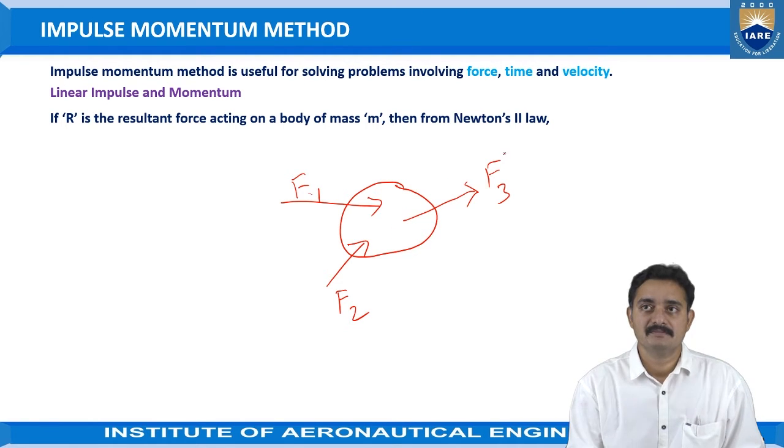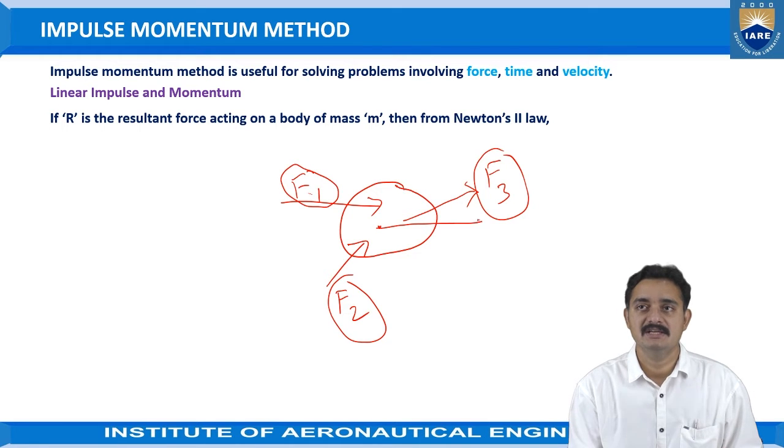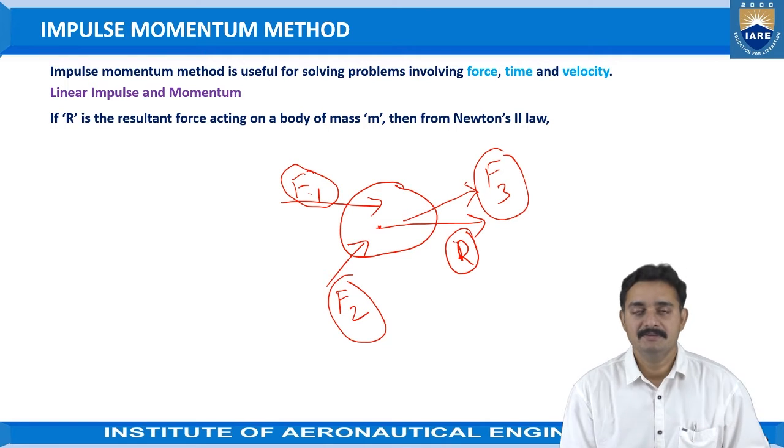If these three forces which are acting are replaced with a single force, let us say that force is acting in this direction and that is the resultant which gives the end result of all the forces that are acting in the system, that is F1, F2 and F3.